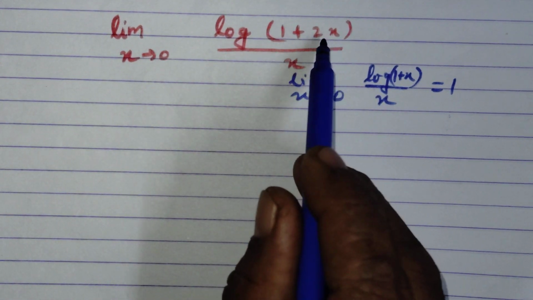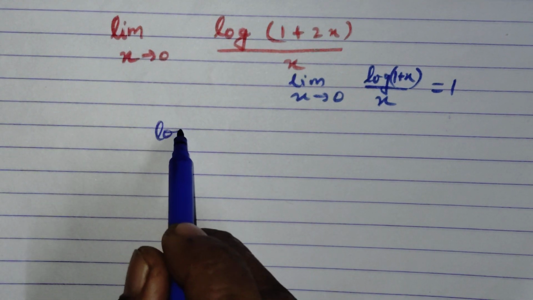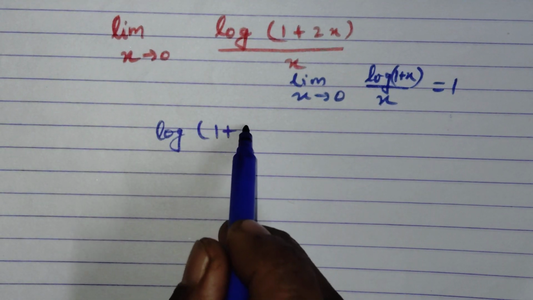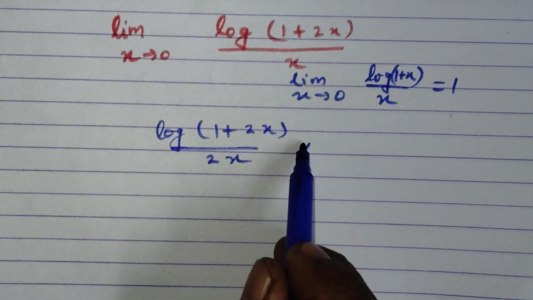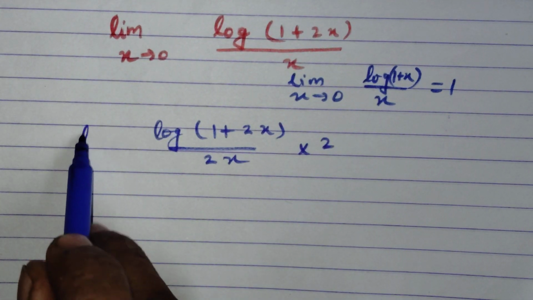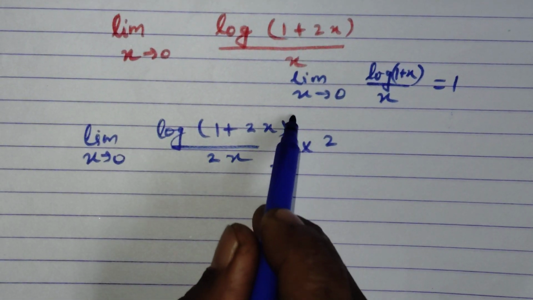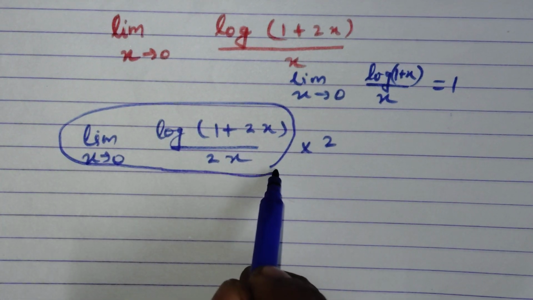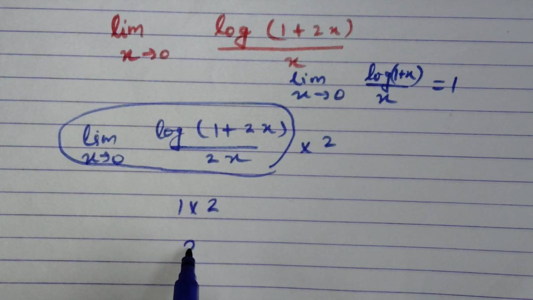So according to this there is 2x and there is also needed 2x. So how do we make 2x? So we make 2x by multiplying and dividing numerator and denominator by 2. Now we can say this value becomes 1. So it's 1 into 2, that will give us 2.